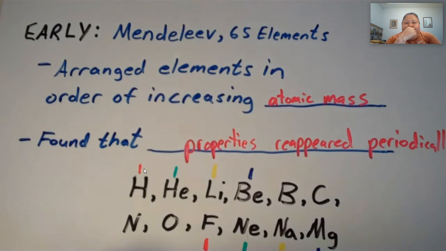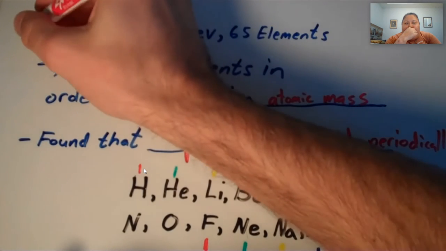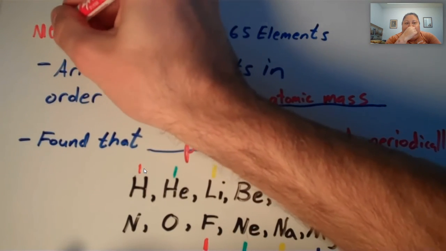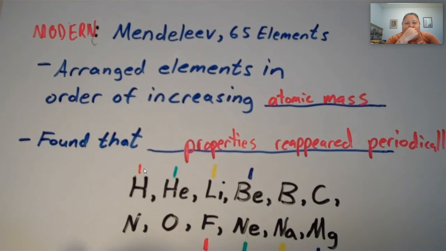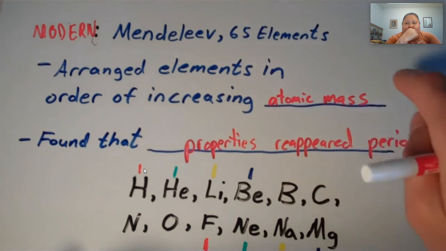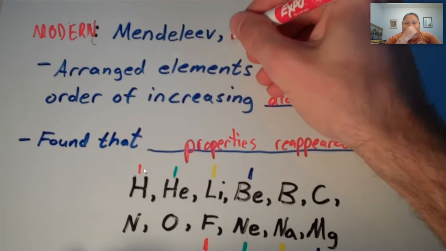So, for the modern periodic table, well, first of all, instead of 65 elements, we now know of 119 of them.